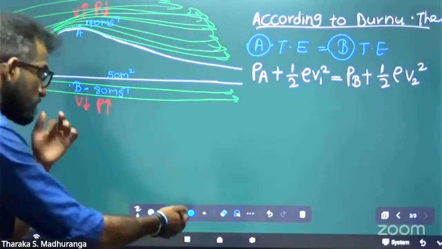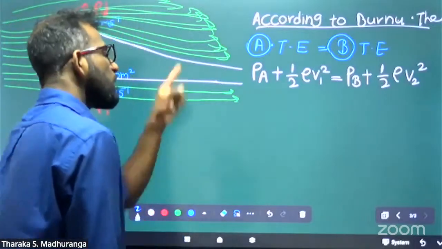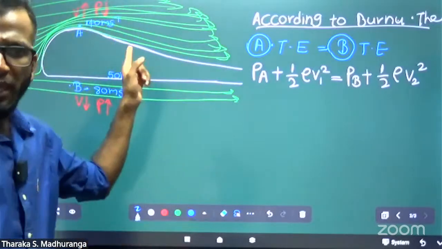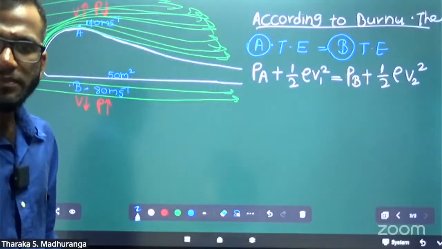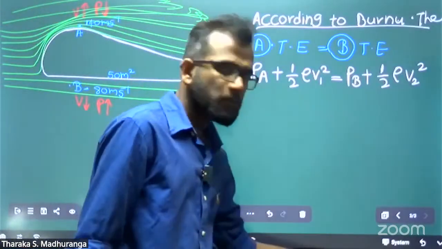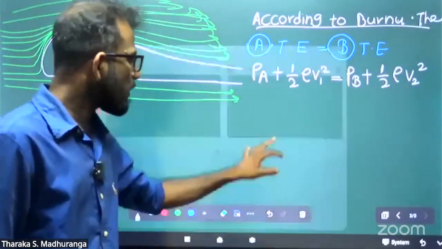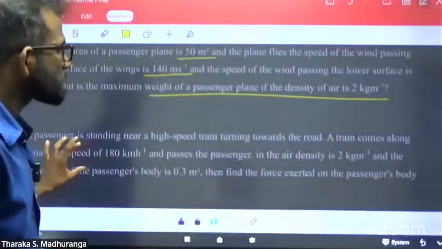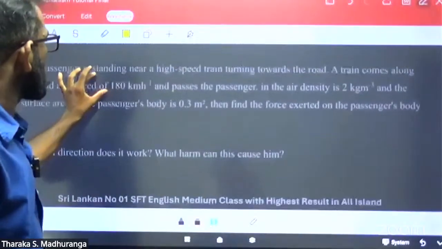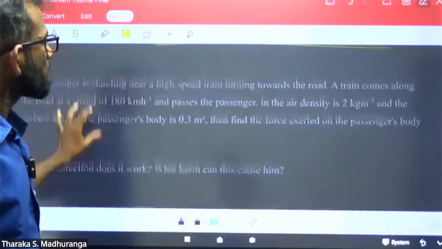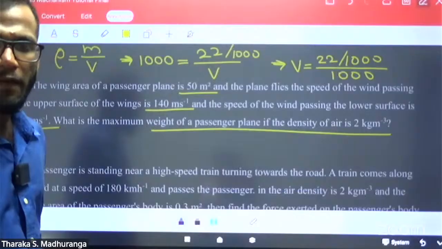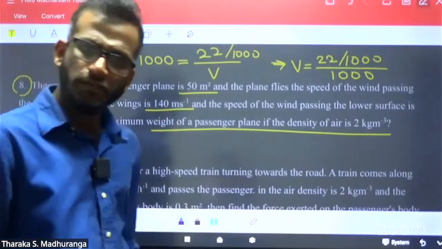Now understand PA. What is PA? A point pressure. Quickly send me the A point pressure. This is a question. Find the A point pressure. Is it given?